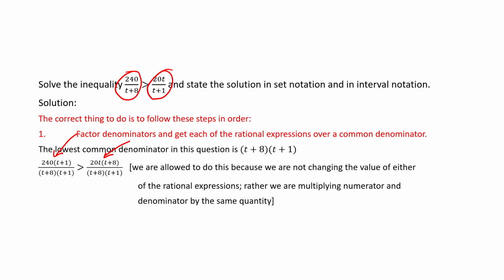Now, you might say, well, are we multiplying or dividing by a negative here? It's not the same, because we're not changing the value of the left or the right, because we're multiplying numerator and denominator by the same thing.